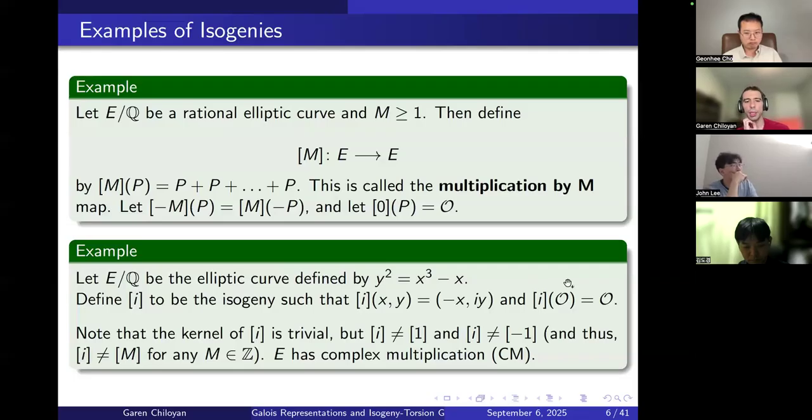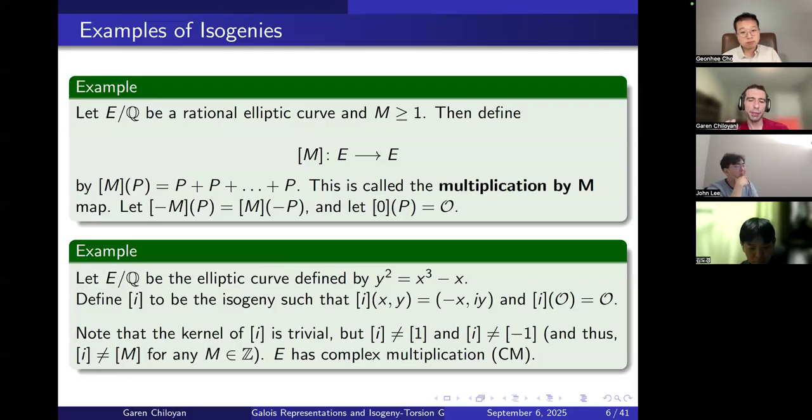Well, the kernel of this map is trivial, but it's not equal to the multiplication by one map, and it's not equal to the multiplication by negative one map. And thus, this map I is not equal to any multiplication by M map for any integer. So this is a new type of map.